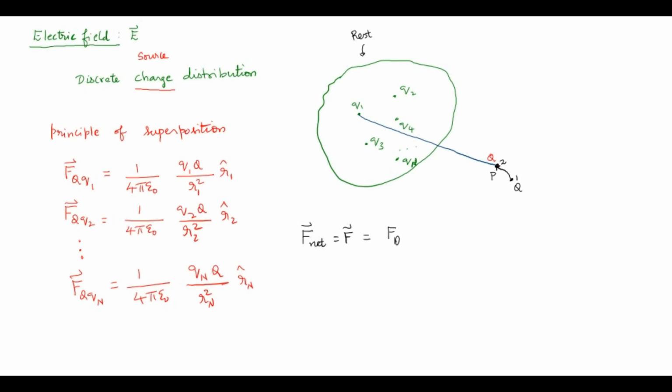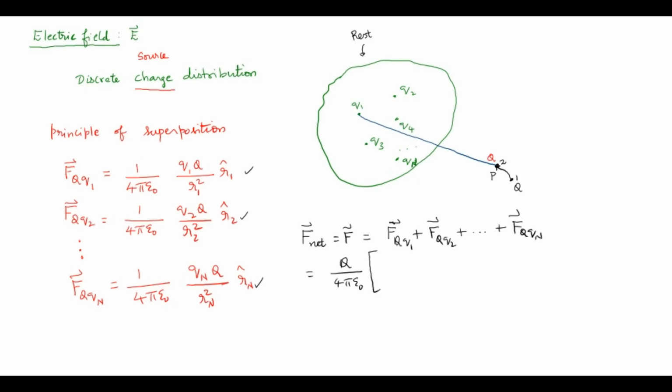F net equals F on Q due to Q1 plus F on Q due to Q2 plus and so on plus F on Q due to Qn. Now I can substitute all these formulas in this relation. The common terms are 1 over 4 pi epsilon 0 and q, which I can take outside.